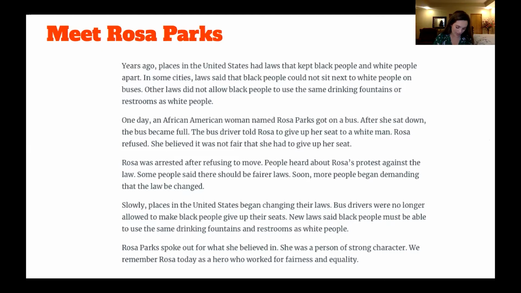Now, I'm going to ask you guys, what do you think is the topic sentence in here? If there are 1, 2, 3, 4, 5 sentences in this paragraph, which one, you can hold up a finger, which one do you think is the topic sentence? You think it's 1, 2, 3, 4, or 5?